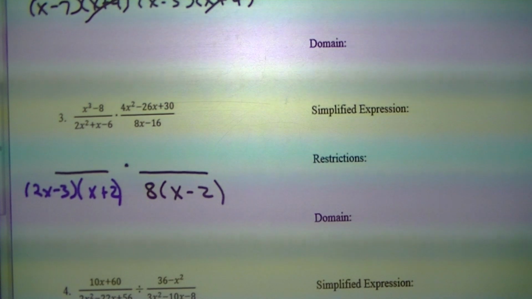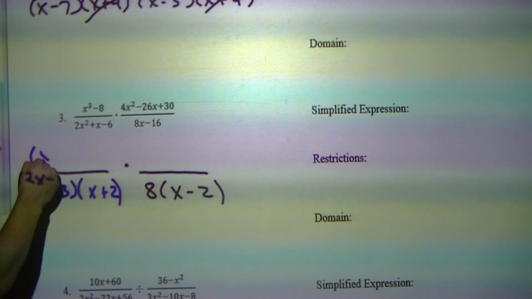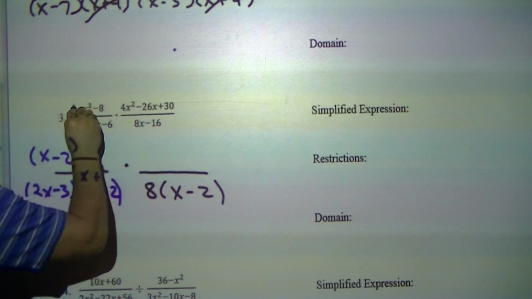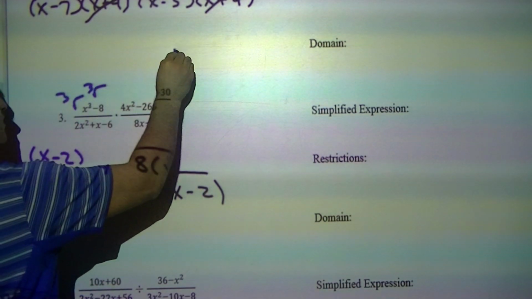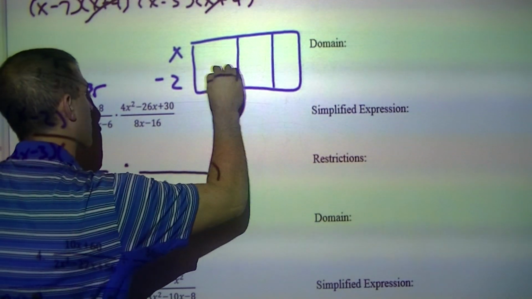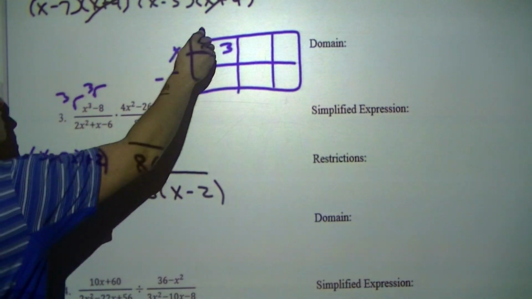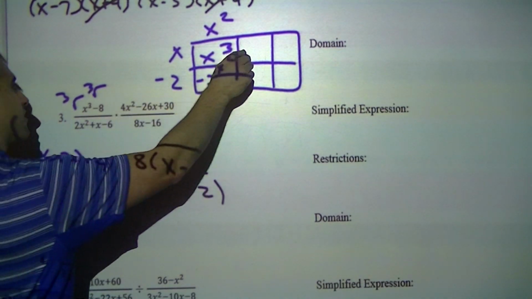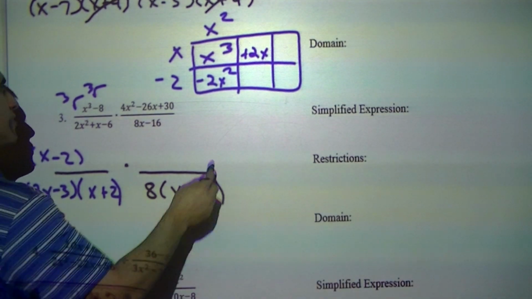All right, when I factor a cube, I'm going to do that right here. Remember, I take the cube root of each part. So that's x minus 2. I put x cubed in there. That's going to be x squared, negative 2x squared. Now there's no x squared, so that's got to be positive 2x squared.